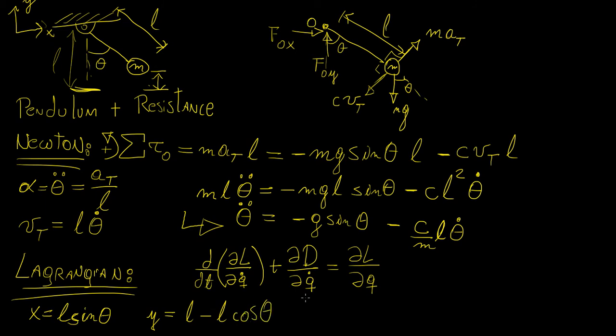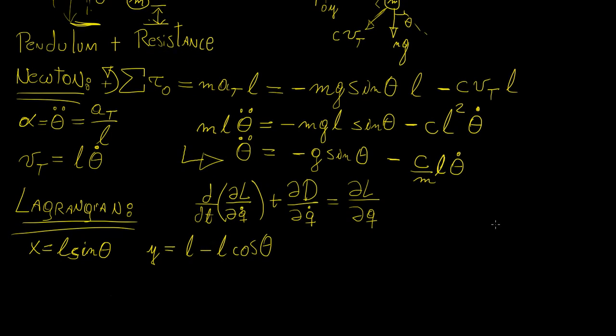And now in order to obtain the dissipation energy, and also the kinetic energy, we need to obtain the following quantity. So we need the velocity squared, which is essentially this term here. First things first, let's find the time derivatives of these two functions.